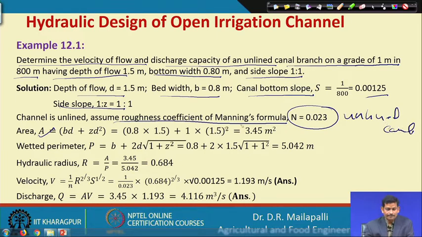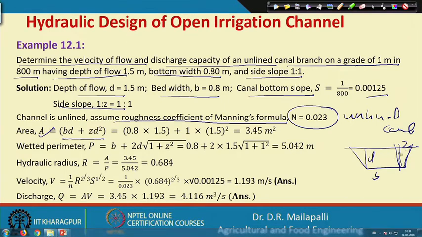First of all, find the area. This is a trapezoidal channel, with bottom width B and depth D, and side slope 1:1, so this is also D. The area is BD plus zD^2. Then, substituting the values, you get the area 3.45 meter square.